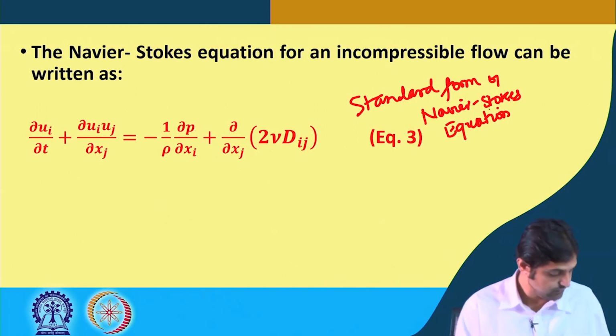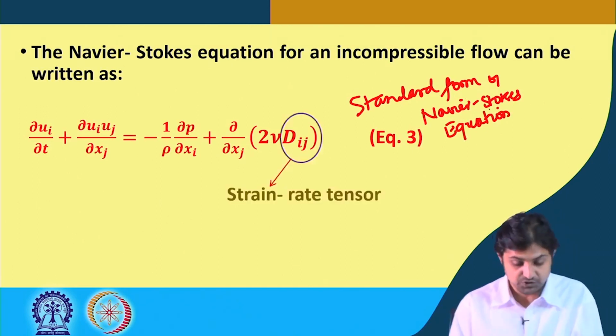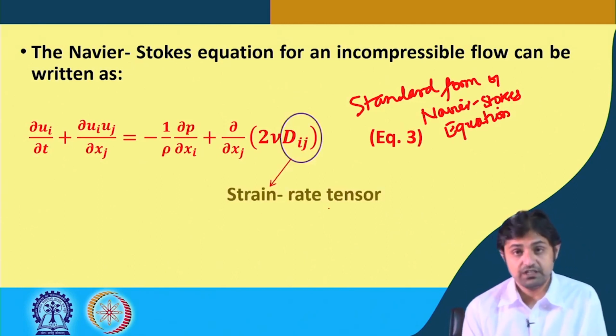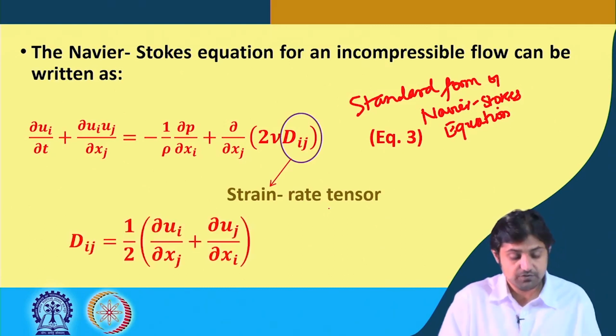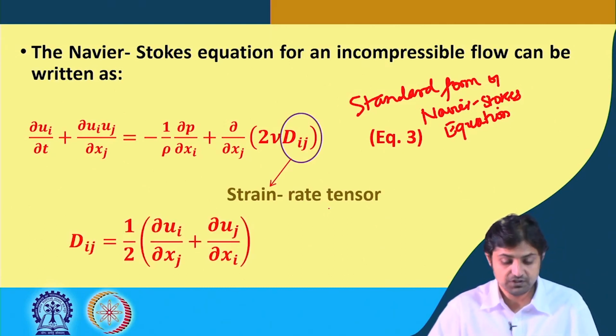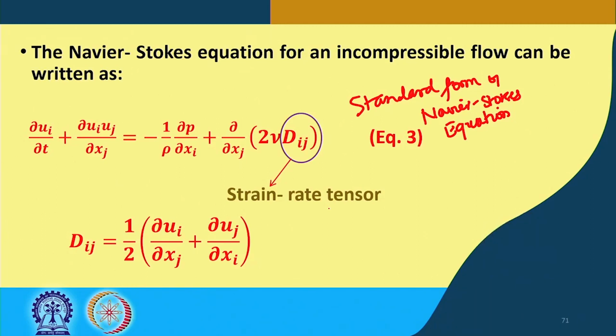Dij here is the strain rate tensor, which we have seen in the last lecture in our viscous fluid flow, where Dij is written as half of del ui by del xj plus del uj by del xi. I think this is not a problem because we have derived it.